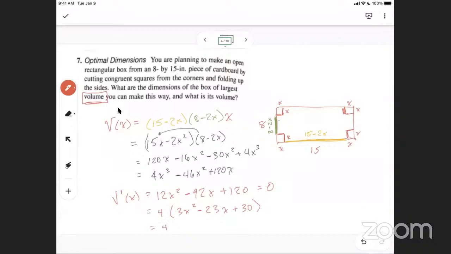Okay, so let's see if we can factor this. Let's hope it factors. It probably is going to factor 3x and x and 30. Let's see, how about 10? How about minus 10? No, 10 and 3 wouldn't work.